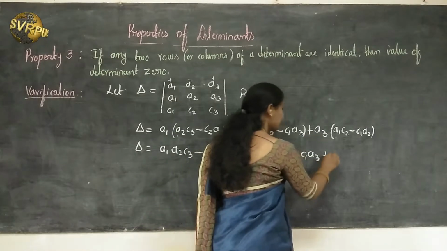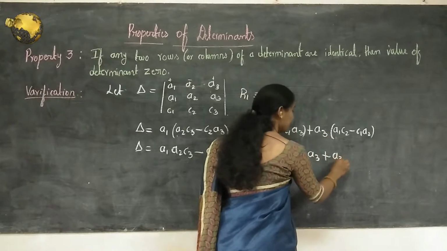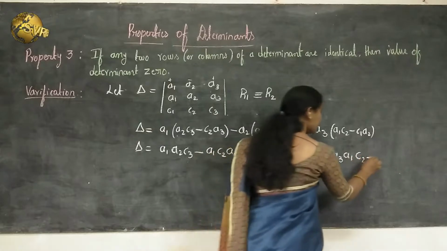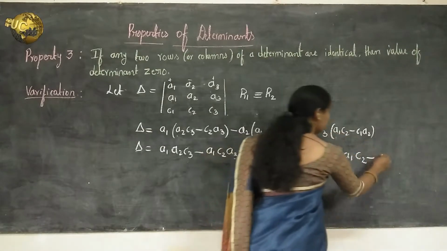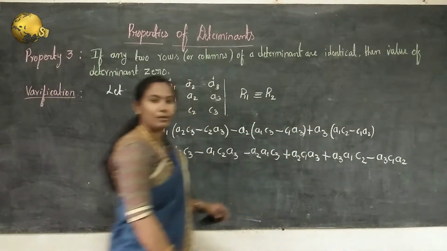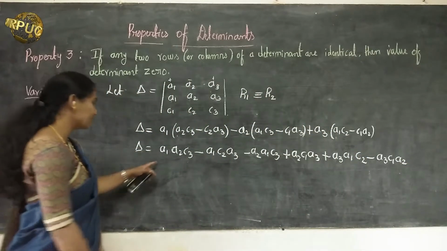Next plus A3 A1 C2. Next plus into minus, A3 C1 A2. These are the values we got here.